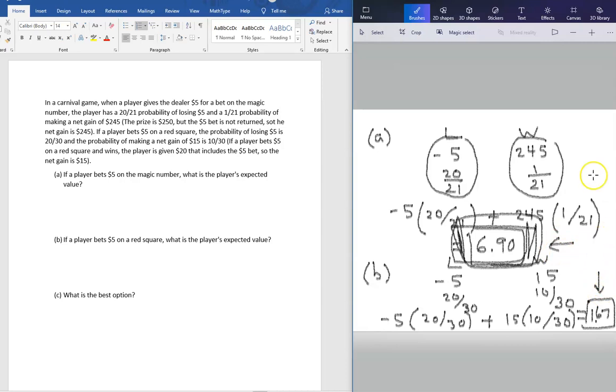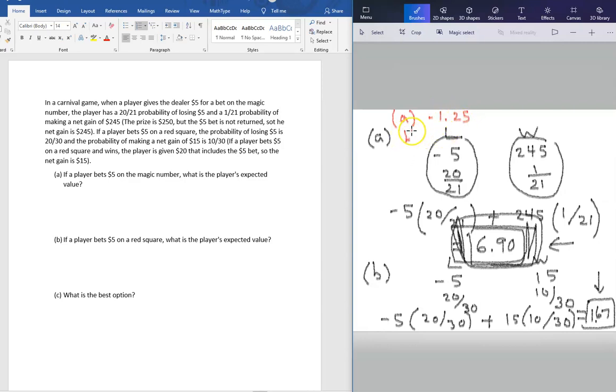Now let's suppose, because frequently when you're playing casino games and carnival games, you get negative expected values. So let's suppose that option A, I'm just going to make up some hypothetical values, had an expected value of, say, negative $1.25.